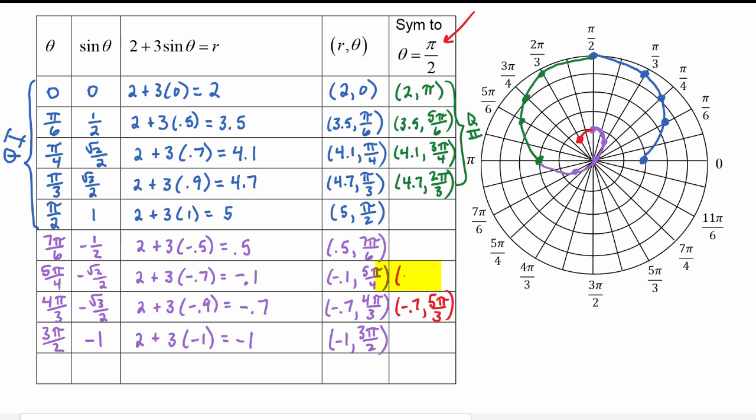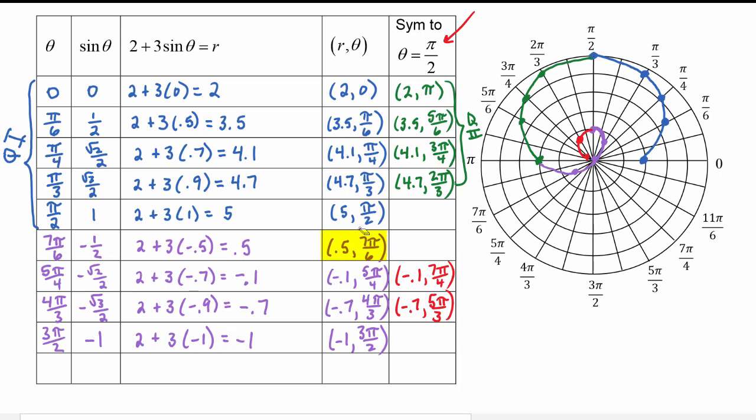So this becomes negative 0.1, 7 pi over 4. So starting from the pole, we look at 7 pi over 4, but we don't walk towards it. We back up by 0.1 here. Again, so close it's hard to see that one.